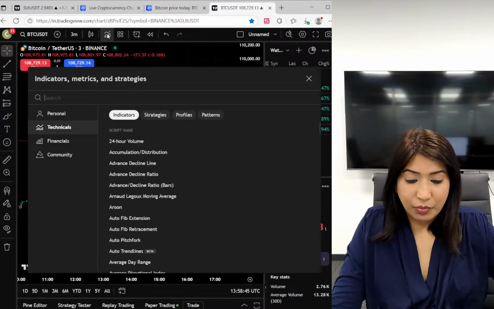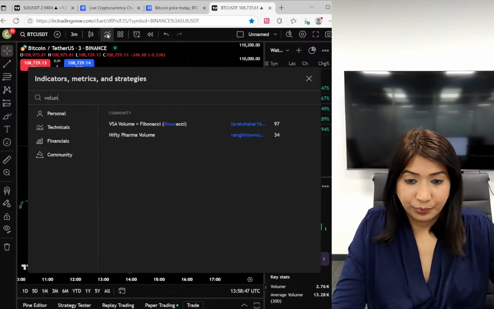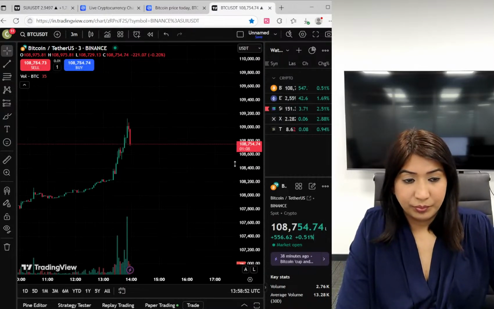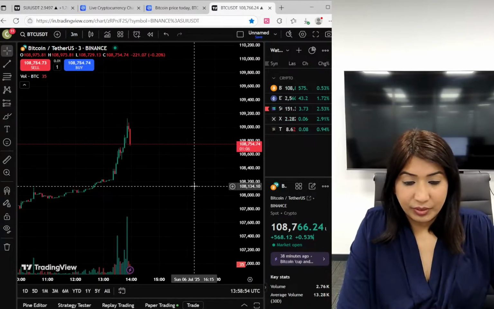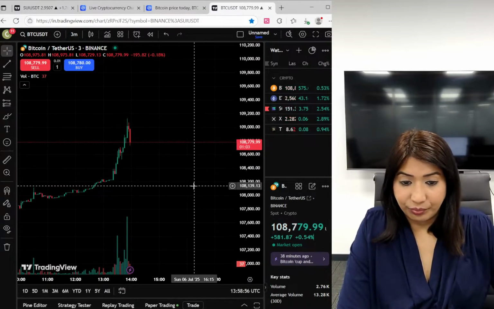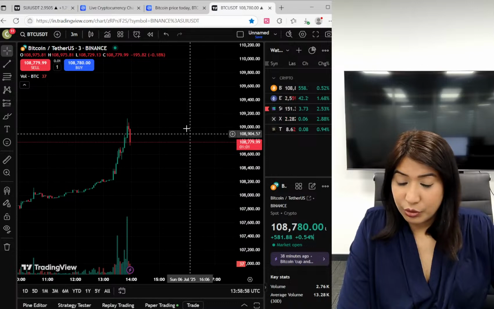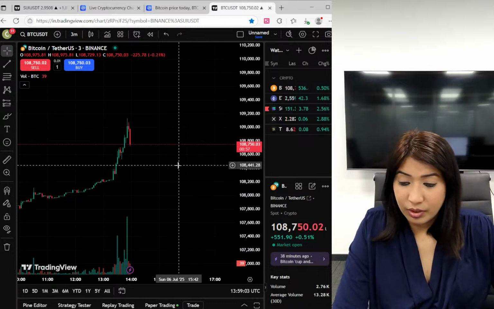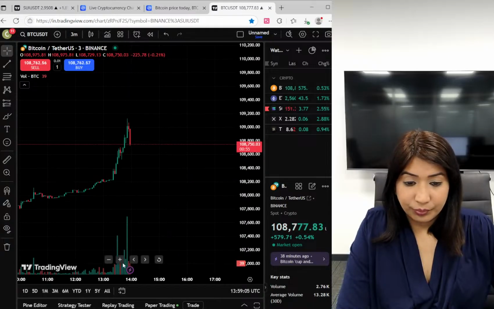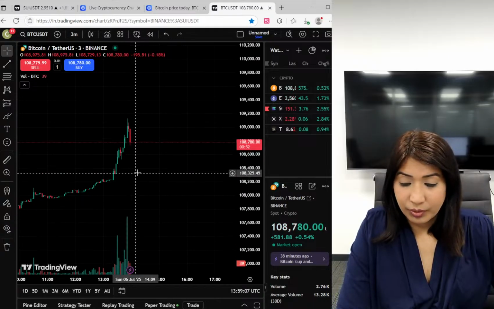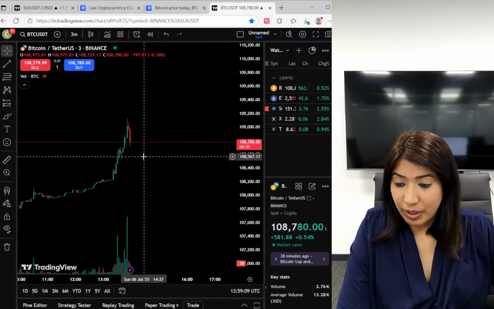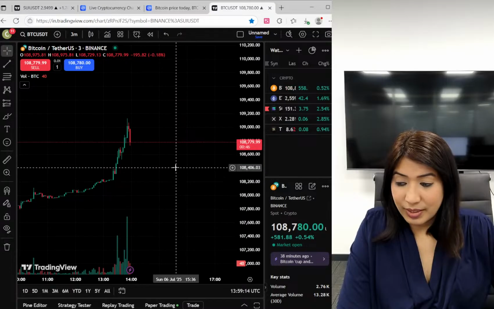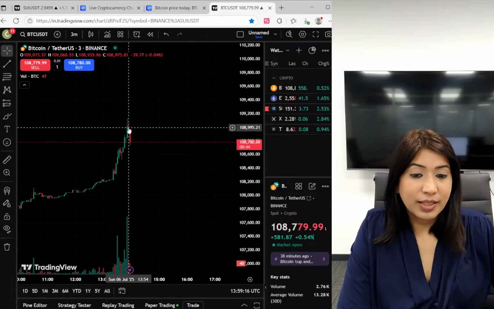Well, let me add my volume indicator on this. So if there is a huge surge in volume at the top of the trend, okay, followed by falling prices and lower volume, it may signal exhaustion and buyers are giving up in this.